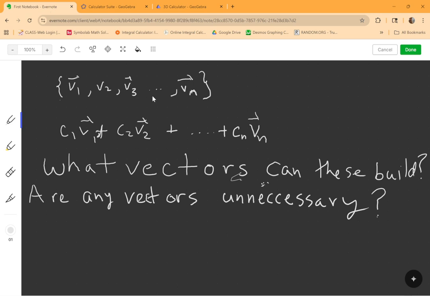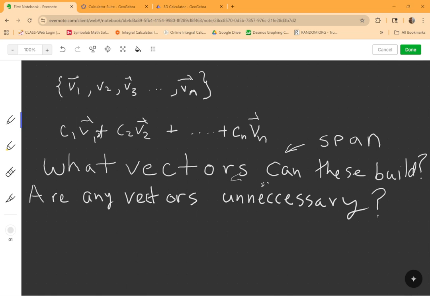All right, now, what I've done so far, what vectors can these build? So the first question is this idea of a span. The span is what's going to answer the first question. The span is what vectors they can build.